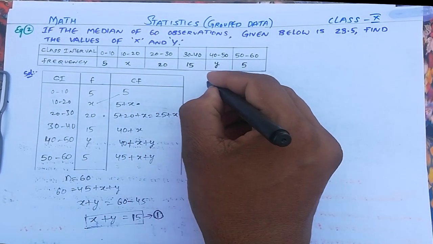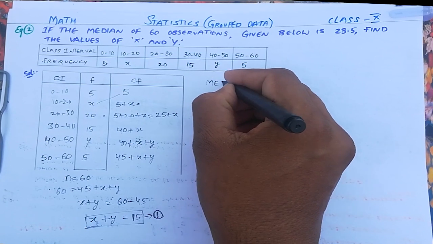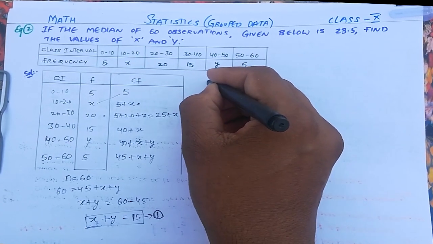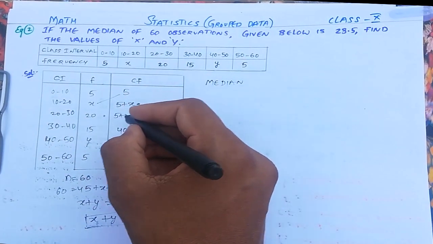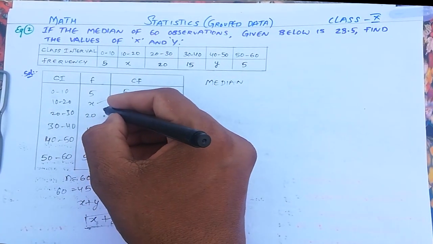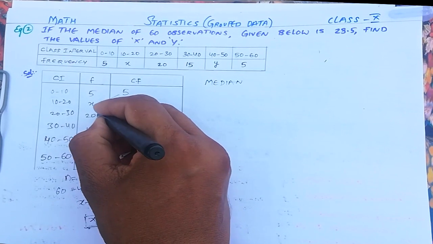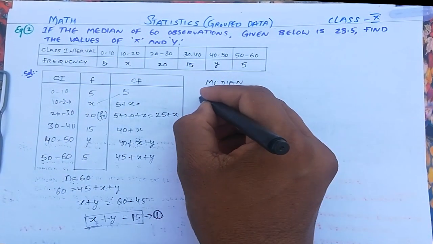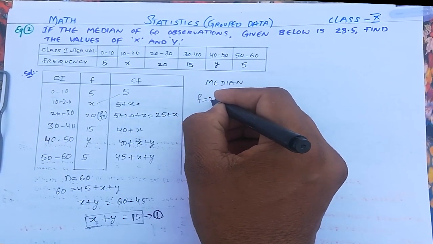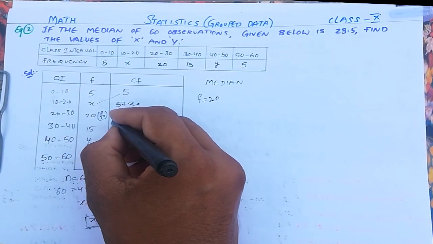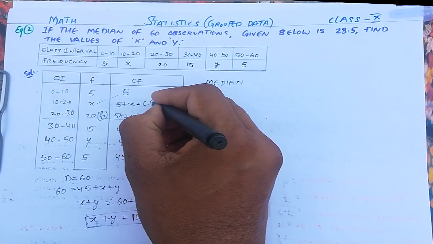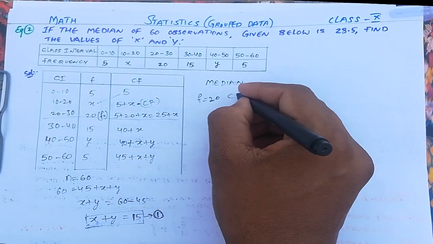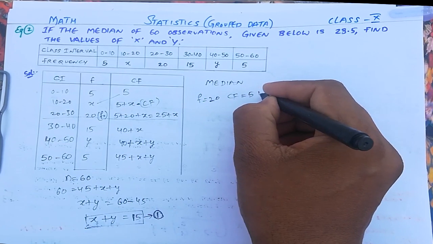Now coming to the finding of the median. What all do we require? L value and f value. First we will find the f value. In this frequency column, the largest number is 20. So we take f as 20. Then, in the same line above this, we take CF. So this is the CF value, 5 plus x.